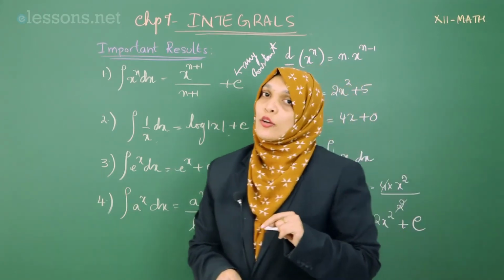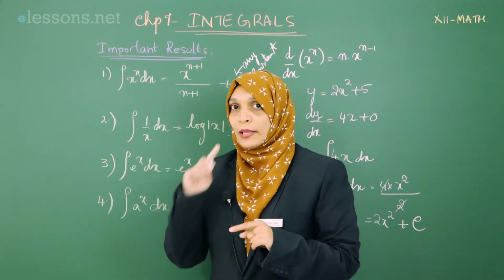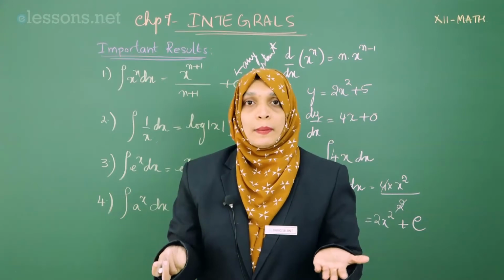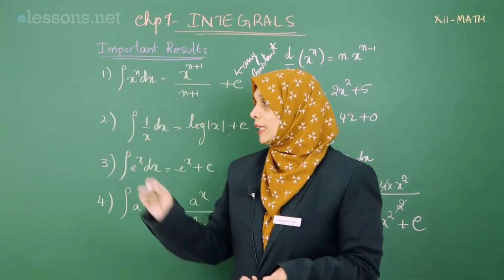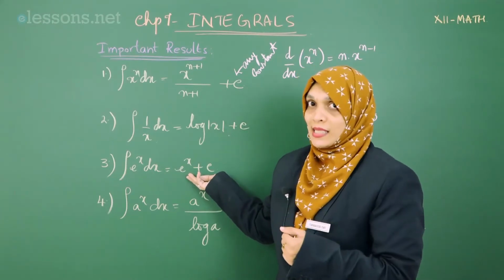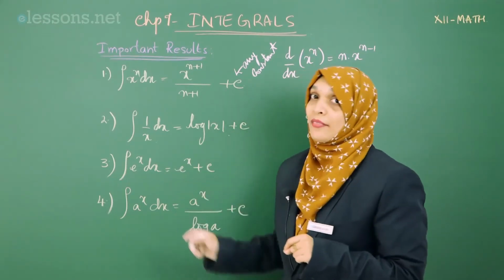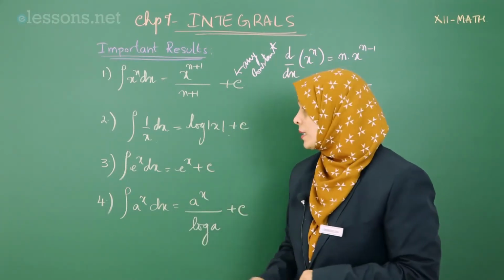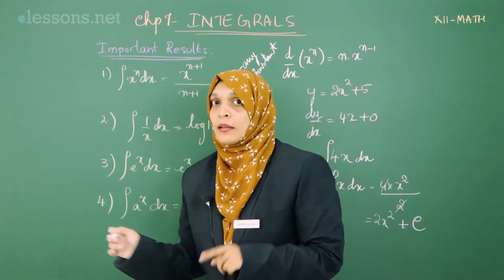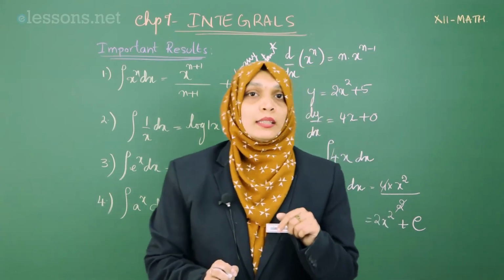We have integration of e power x dx. Going back to differentiation, the differentiation of e power x is e power x itself. So definitely the integration of e power x will also remain e power x itself. The only difference is we have a plus c. Going to the next one, integration of a power x dx. Let us check in differentiation.